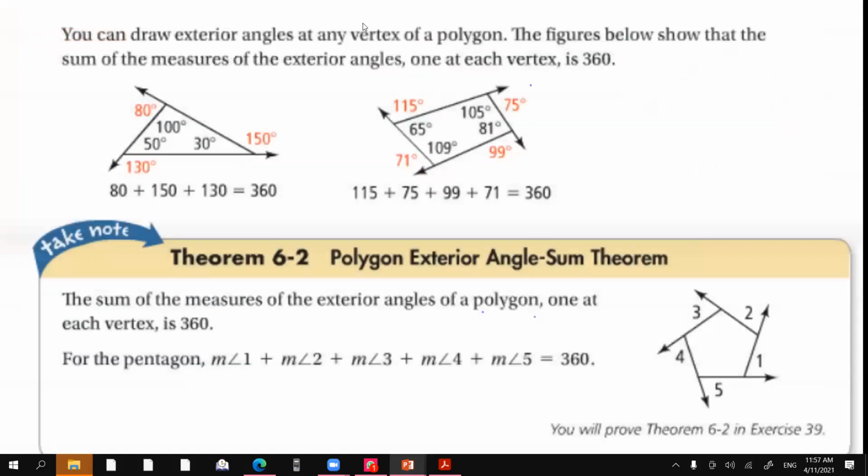But before this problem, I will give you this example. Imagine you have this shape, and you have these sides.